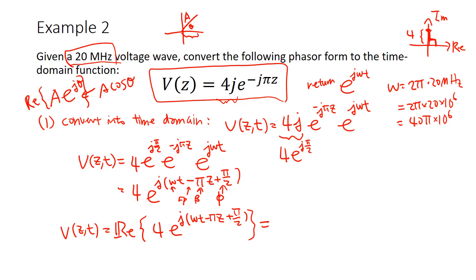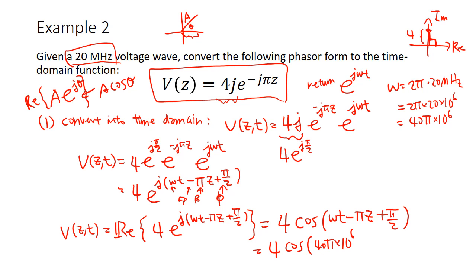So doing that, it's going to look like 4 cosine omega t minus pi z plus pi half, and we can then plug in the frequency value that we had earlier. So 40 pi times 10 to the 6 t minus pi z plus pi half. And that is our final answer.